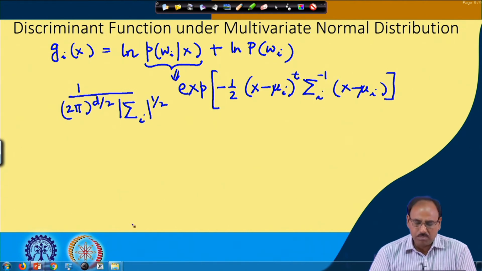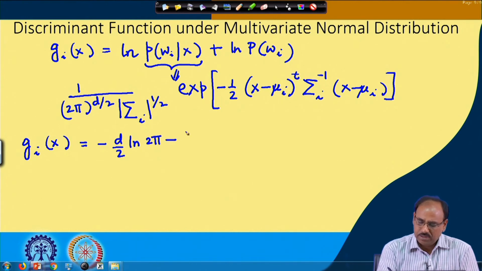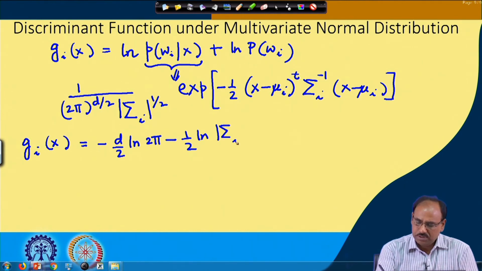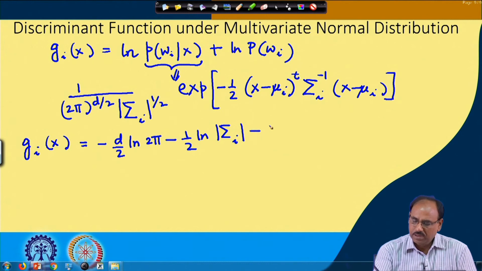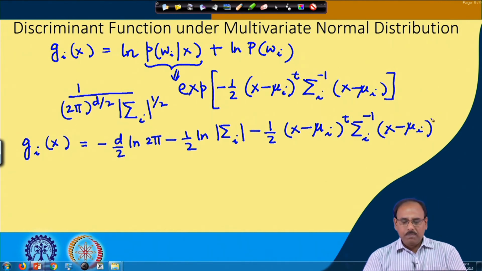So, once I use this logarithm, then my g I x simply becomes minus d by 2 log of 2 pi, minus half log of sigma I, minus half of x minus mu I transpose sigma I inverse x minus mu I. Okay.